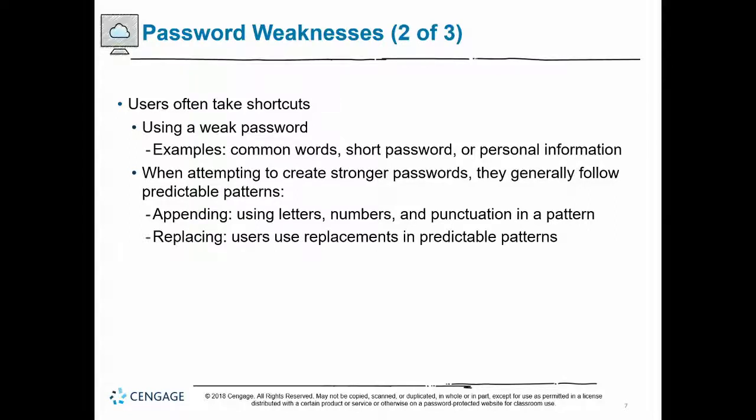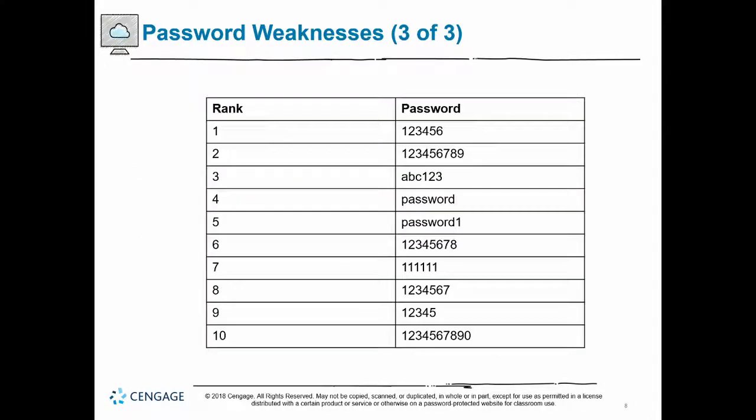Appending is just adding letters, numbers, and punctuation in a pattern. Users use replacements in predictable patterns, using the @ sign instead of an a, an exclamation mark instead of an I, or a 1.